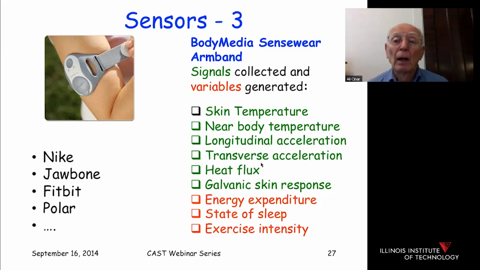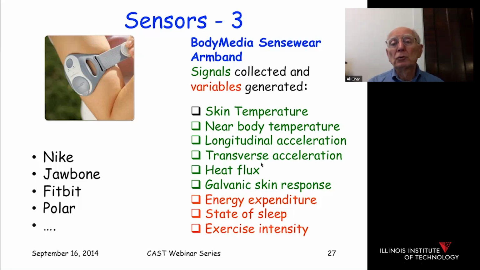And ultimately, the effect of all these show up in the blood glucose, but they show up with some delay. So we were interested in looking at the opportunity of capturing these changes as they are happening, as opposed to capturing the effect of those changes in the bloodstream using the blood glucose monitors.